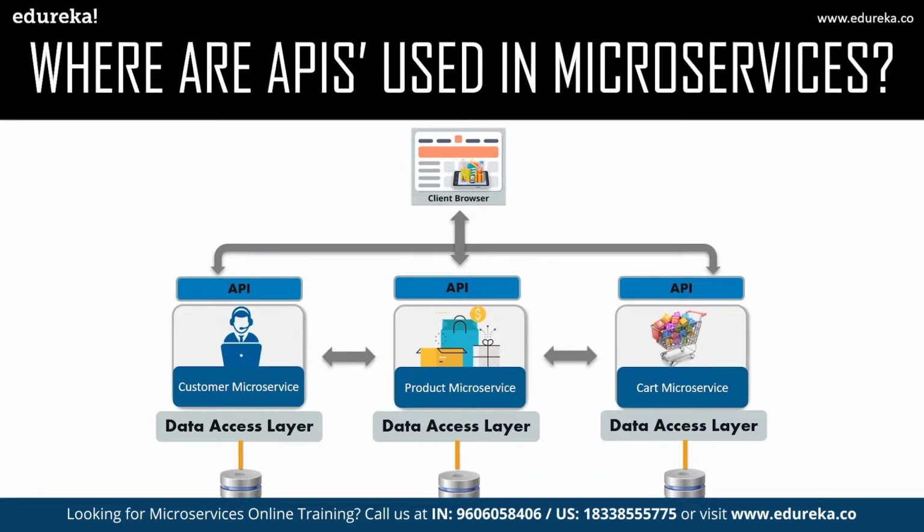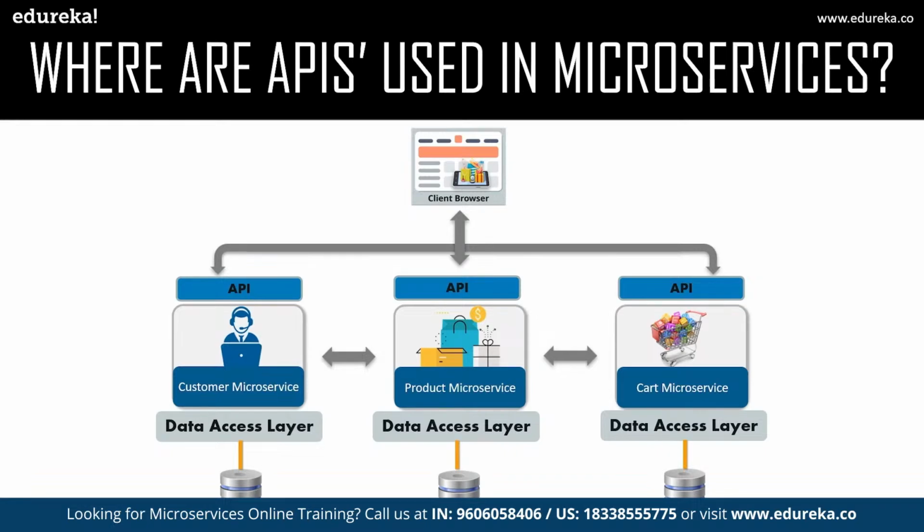So basically, guys, if you have to understand where APIs are used in microservices, it's really simple. Each service will have its own API through which the services will communicate with the client, right? So for example, let's say you're a client and you're asking for your own customer details. As soon as you send the request, the API gateway will decide to which service this particular request has to be sent.